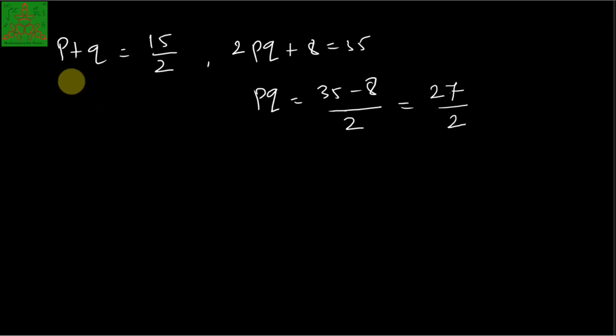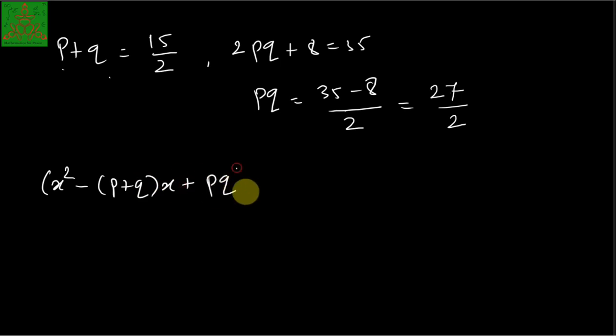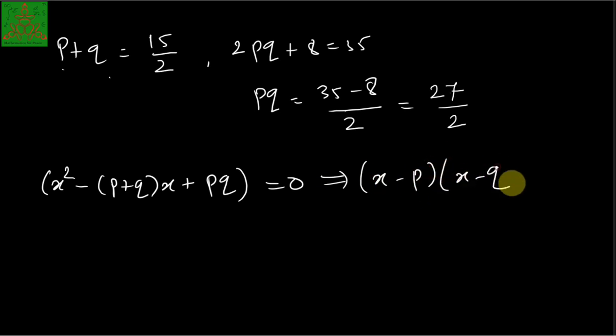Now from this we can have the value of P and Q. This will give you the value of P and Q because x square minus (P plus Q)x plus PQ equal to 0 will be the same as (x minus P)(x minus Q) equal to 0.